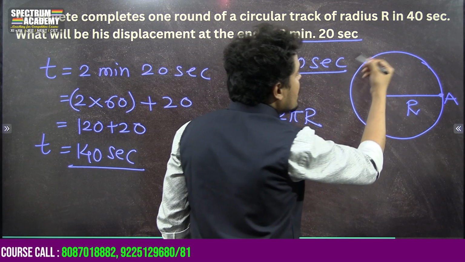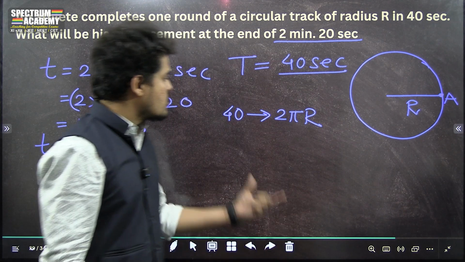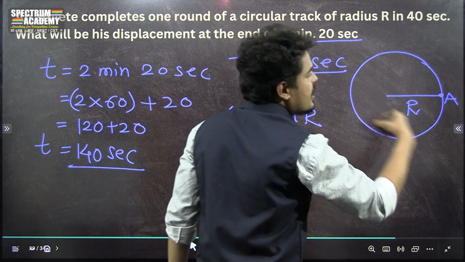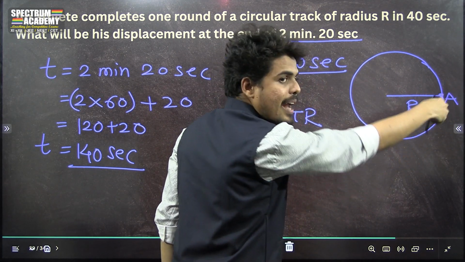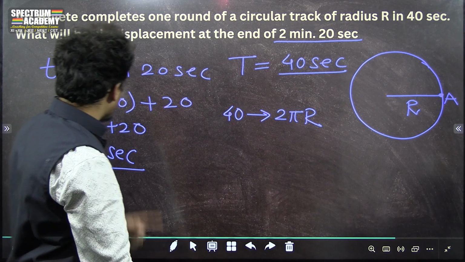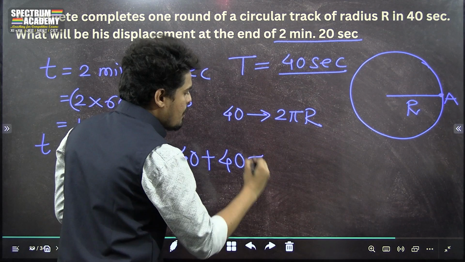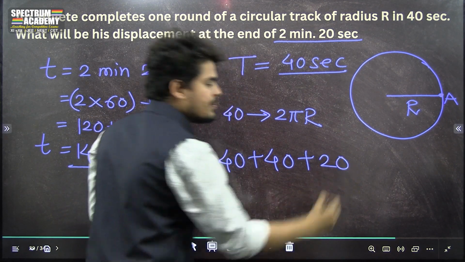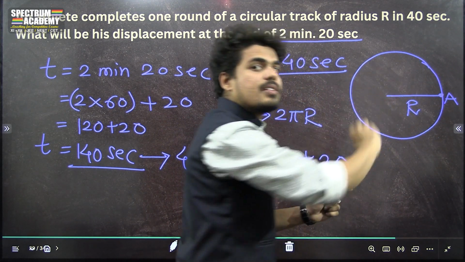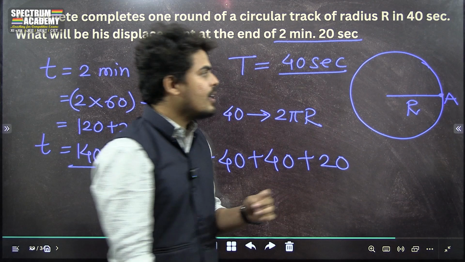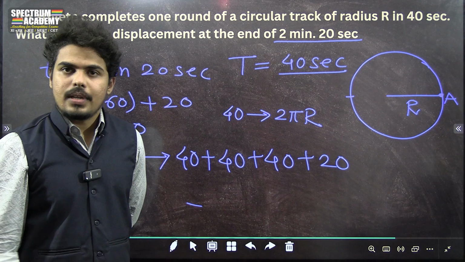So after completing one revolution, where does he come? Again he comes back here. So in 40 seconds the particle comes again here. In the next 40 seconds again the particle comes to that point. So we can split it as 40 plus 40 plus 40 plus 20. If the athlete takes 40 seconds to complete one round, then in 20 seconds he can cover half of the circle, right?